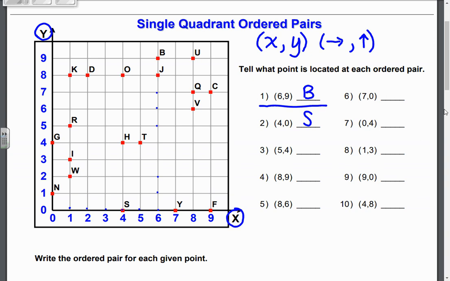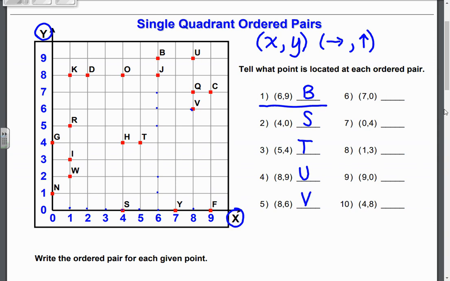What letter will we find? T, correct. Number 4, we're going to go over 8 and then up 9, and we're going to find letter U. For number 5, we're going to go over to the right 8 again. This time we're only going to go up 6. So we went over 8, up 6, and that gives us letter V.